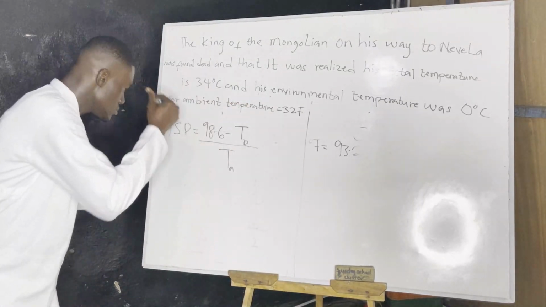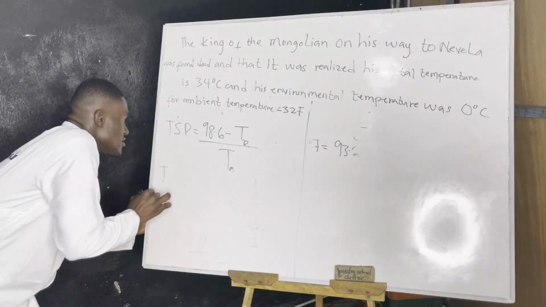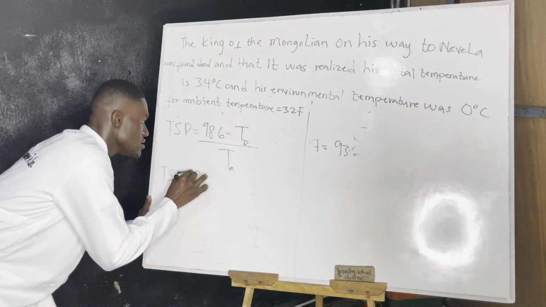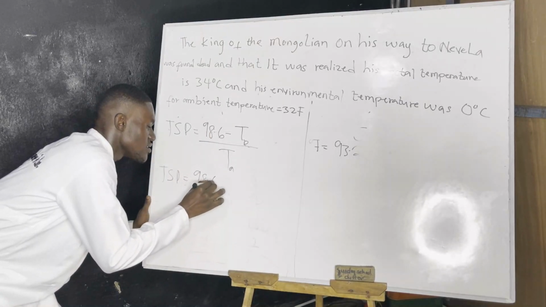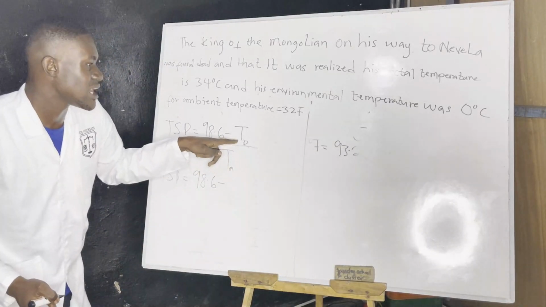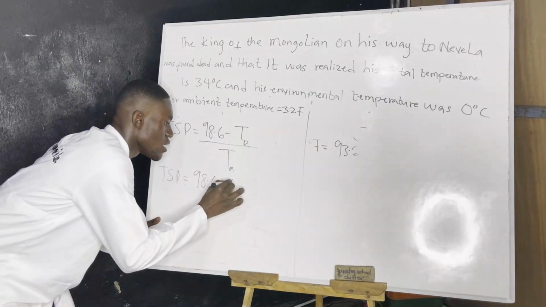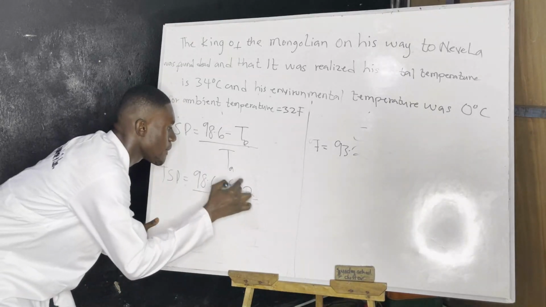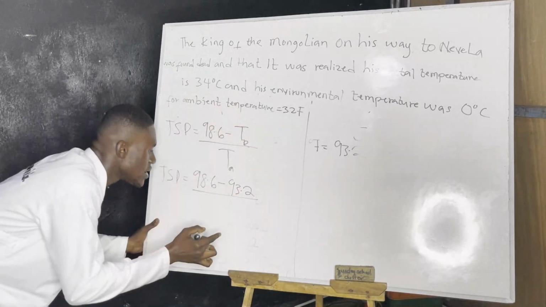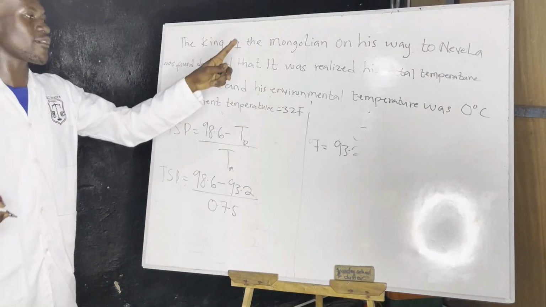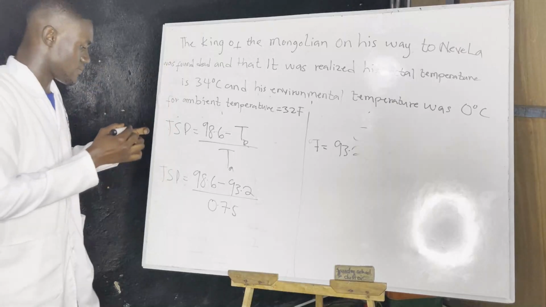So you say that TSD is equal to 98.6 minus the rectal temperature, which is 93.2, all divided by 0.75, since it is not greater than 32 degrees Fahrenheit, which is the standard.